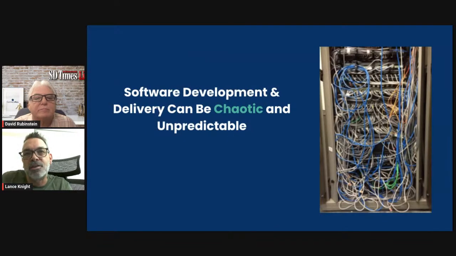And I always say this, I think you've probably heard me say this a million times over, maybe only 1,000 or 2,000 times, but software development and delivery is chaotic. It's unpredictable. I used to call it that holy grail of predictability, and we're still looking for that. We're still trying to understand, why can't I get stuff out in the time I need and understand it, right?